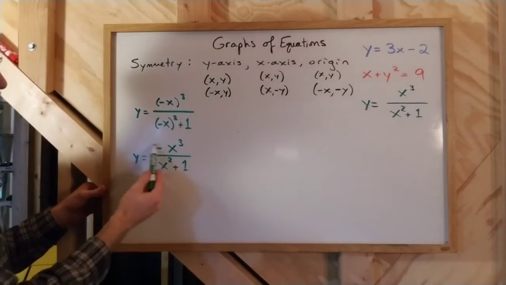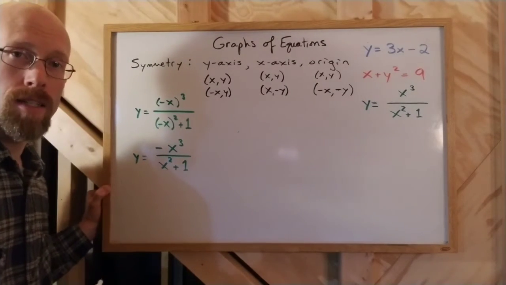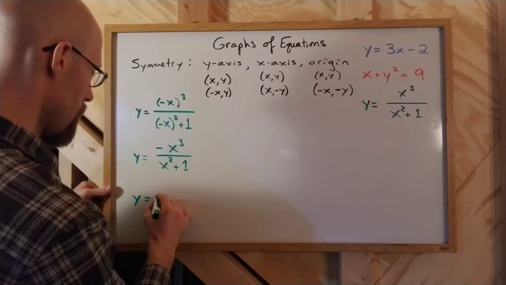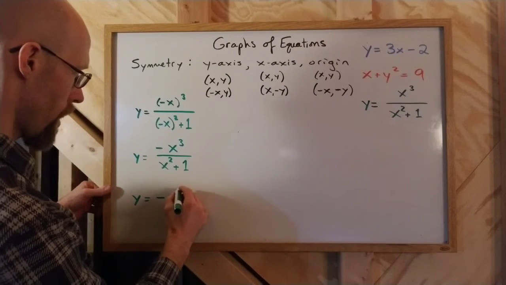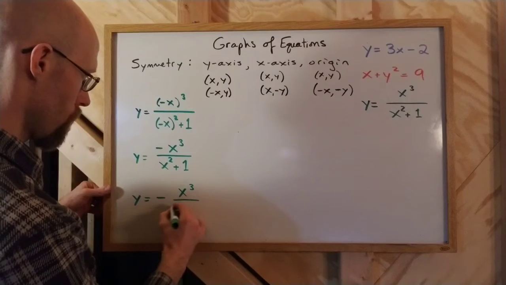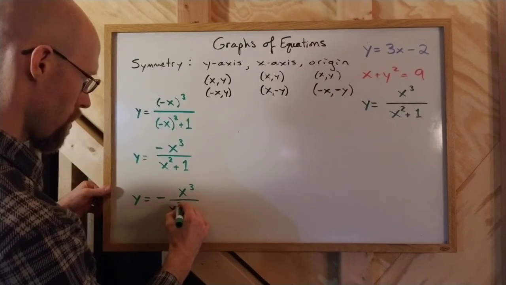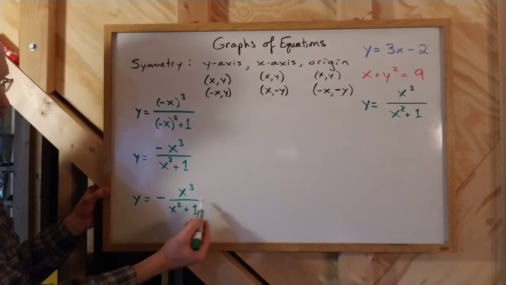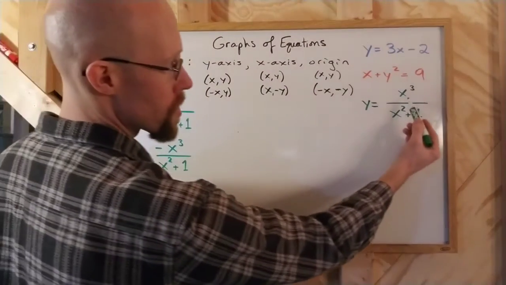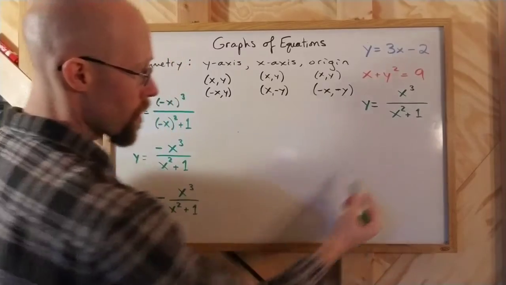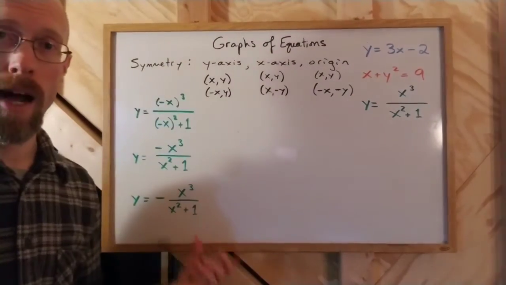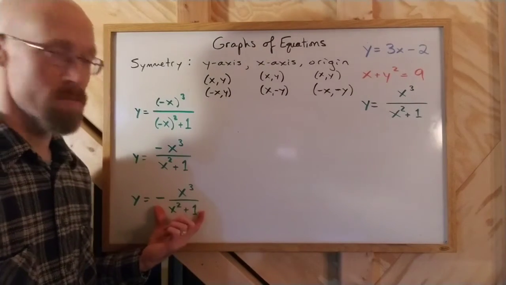And this factor of a negative on top could really just be moved out in front. It doesn't really matter where that's placed. I'll call it the negative of the fraction x cubed over x squared plus 1. What I want you to notice now is that the original equation contains x cubed over x squared plus 1. This one has negative x cubed over x squared plus 1, so it's the opposite of that. Well, that's not good.